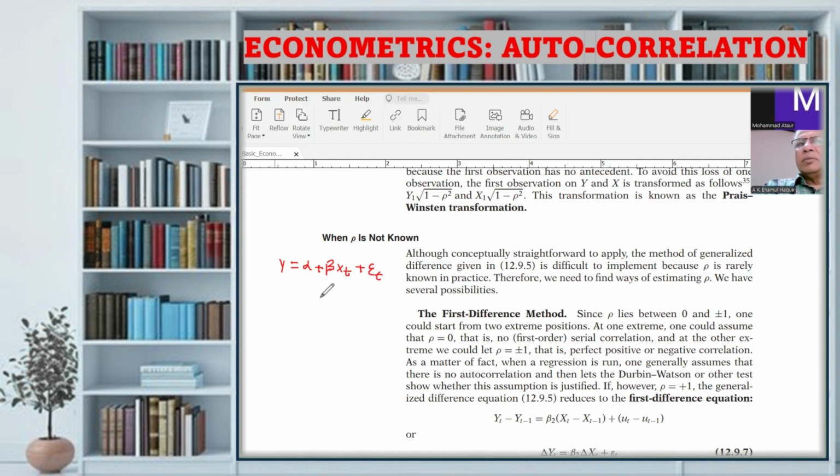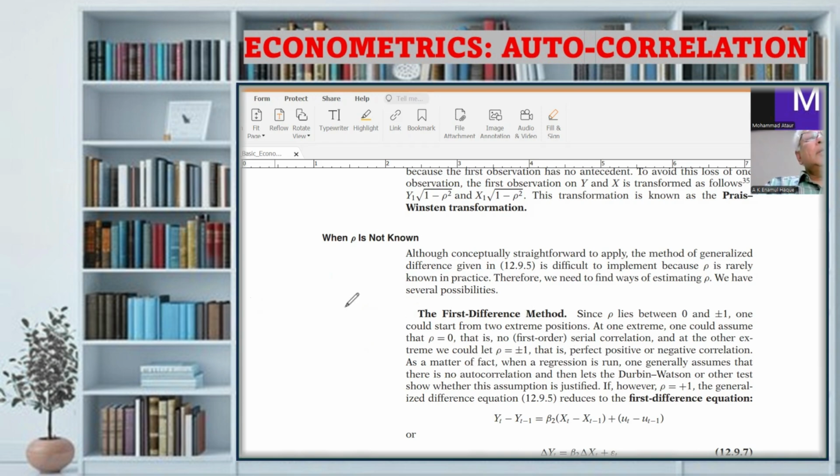I have an autocorrelated model, which is epsilon t equals rho epsilon t minus 1, again using Durbin-Watson first-order autocorrelation, plus nu t. Remember, I'm using nu and not v. This is v and this is nu, so remember the difference between how to write nu and v. That's your first-order autocorrelation.